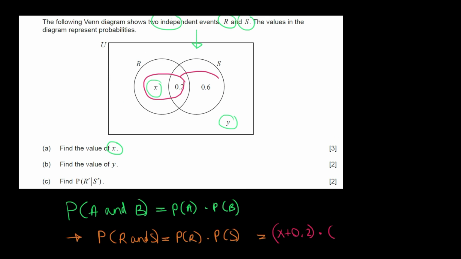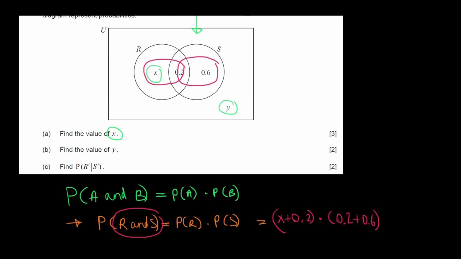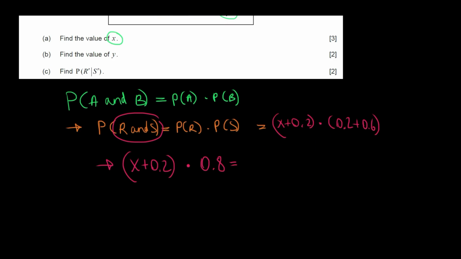Look at the circle of S, we have 0.2 plus 0.6. Now let's continue. I'm going to write X plus 0.2 multiplied with 0.8 equals the intersection. What's the probability of the intersection? It's 0.2 from the middle.